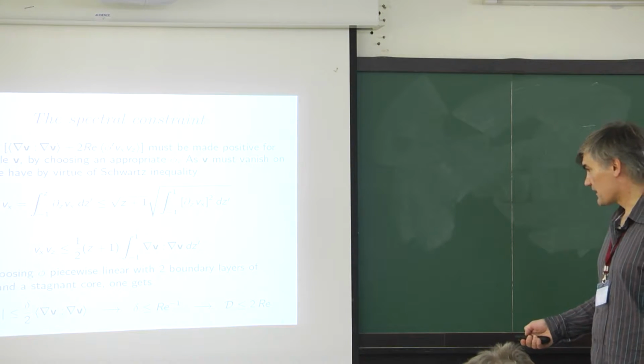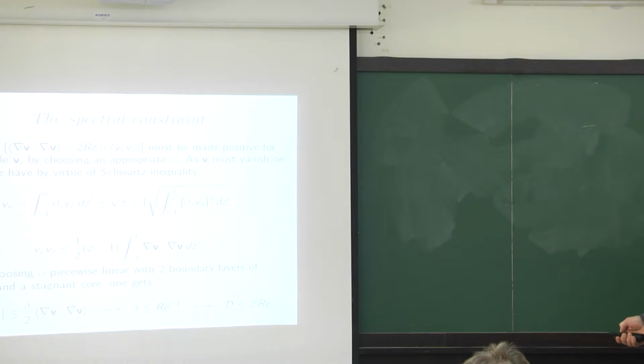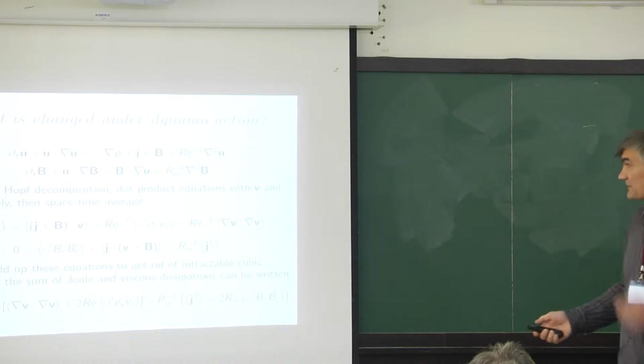So it means then that the dissipation can be estimated as just the dissipation of the background profile, and that dissipation is twice the Reynolds number. This is dissipation over laminar dissipation. In fact, this is quadratic in terms, cubic in terms of velocity. Okay, so this is the usual way to do that.